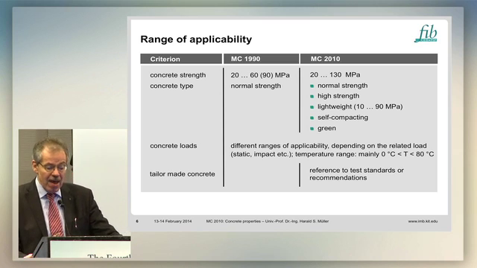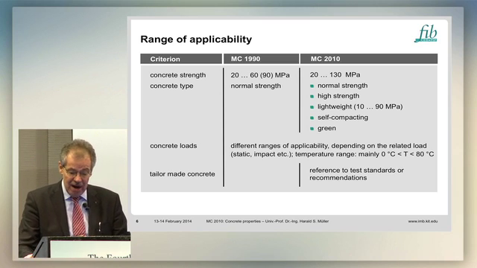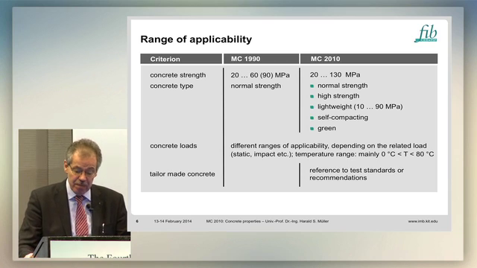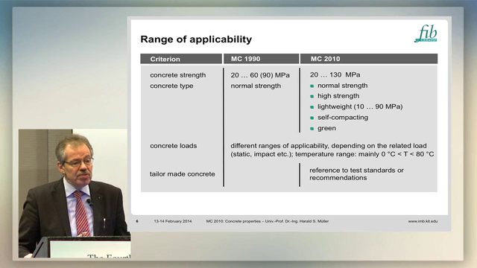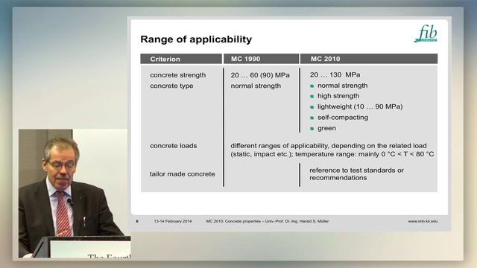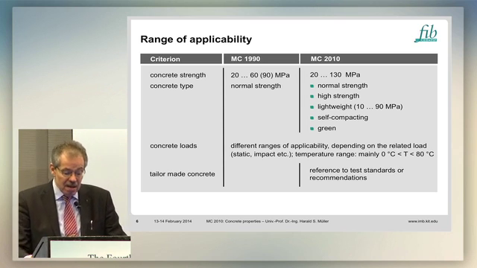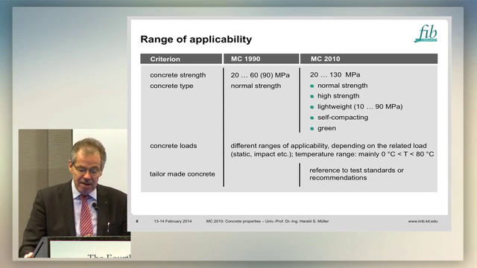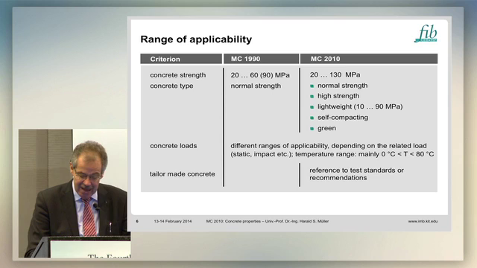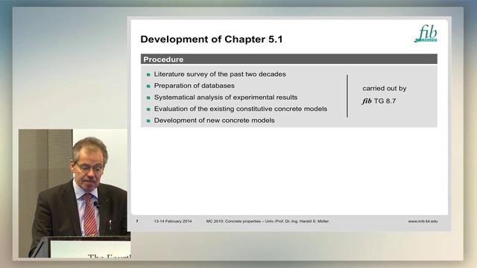That is the normal range where our structures are placed, and we have mainly temperatures between 0 centigrade and 80 centigrade. And we also tried to include information in those cases where we got it in view of tailor-made concretes. We made some references to important standards and recommendations.